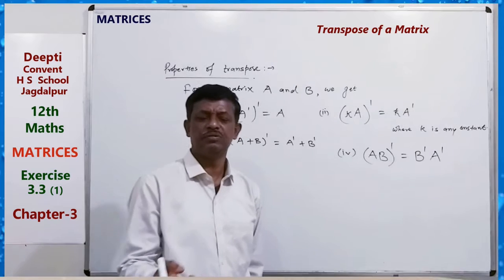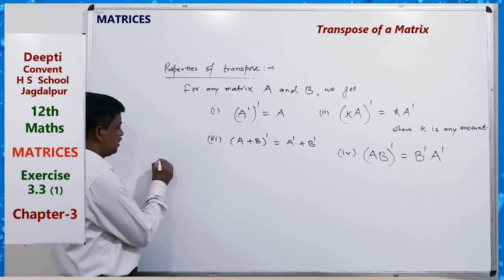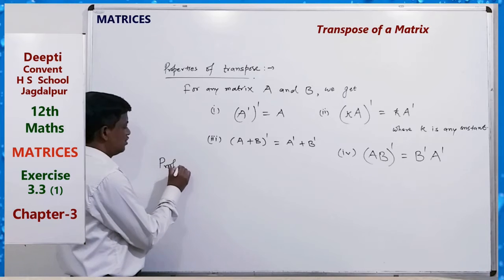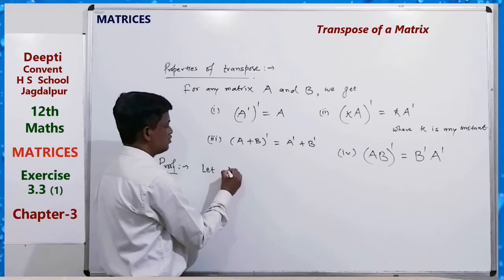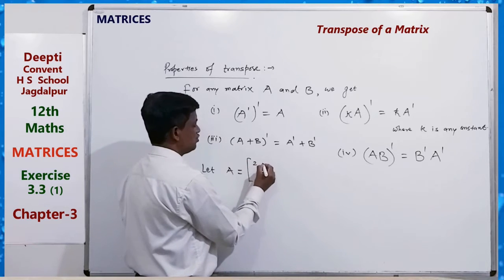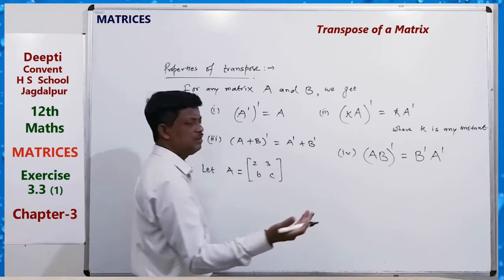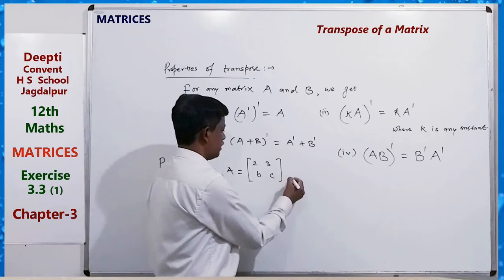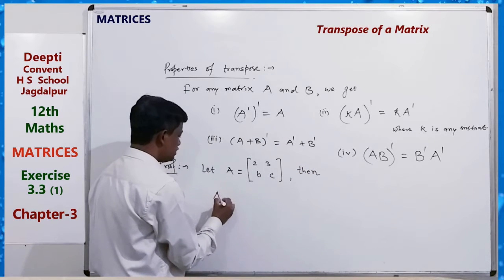It can be proved by taking any matrix. Let A equal any matrix, suppose 2, 3, B, C, any matrix. Then A dash equals what?